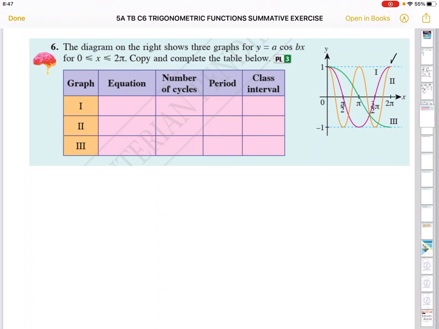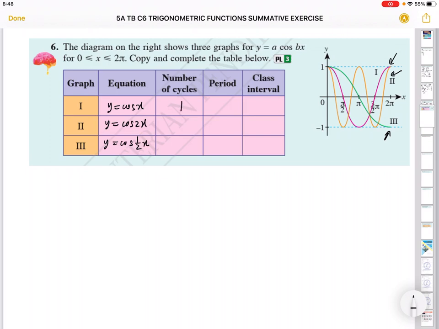The second one is the yellow one, with 2 complete cycles. The first one is a simple cos, 1 cycle, the second one is 2 cycles. The third one is only half of a complete cycle, so we write y equals cos half x. So your number of cycles for the first one is 1, the second one is 2, the third one is just half.